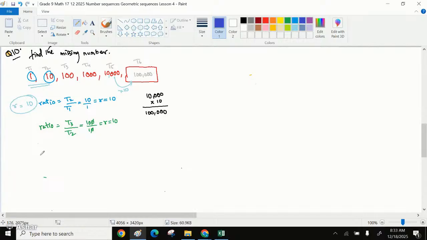So in order to find term number 6, we can say it is ratio times term number 5. That means term number 6 is, what was the ratio? 10. And term number 5 was 10,000. So 10,000 times 10 is 100,000. And that is our answer.